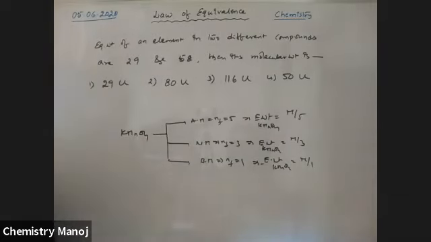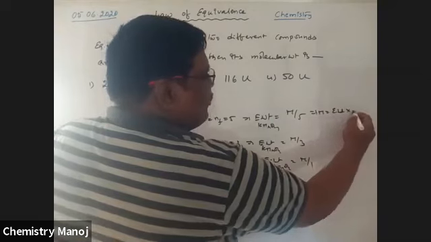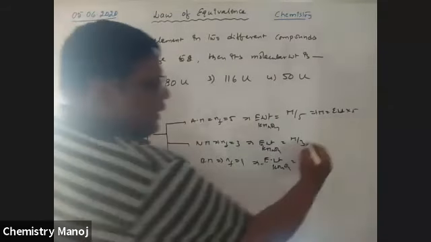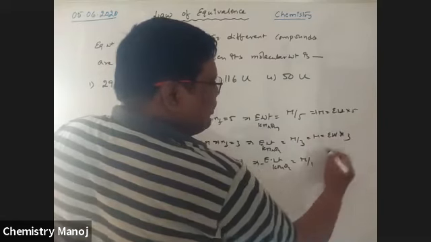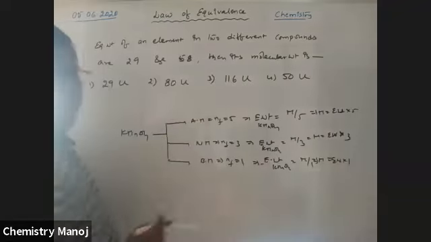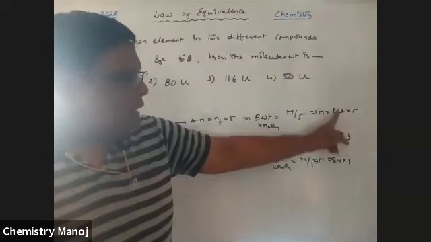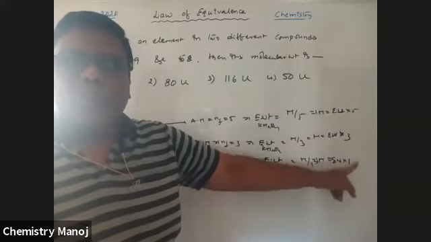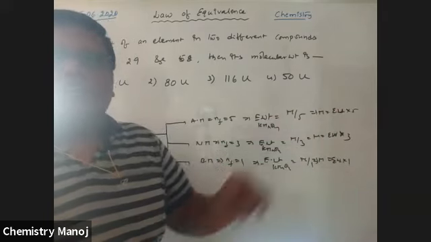That means M is equal to equivalent weight into 5, into 3, into 1. That means atomic weight or molecular weight is a multiple of equivalent weights, 1 times or 2 times or 3 times or 5 times.